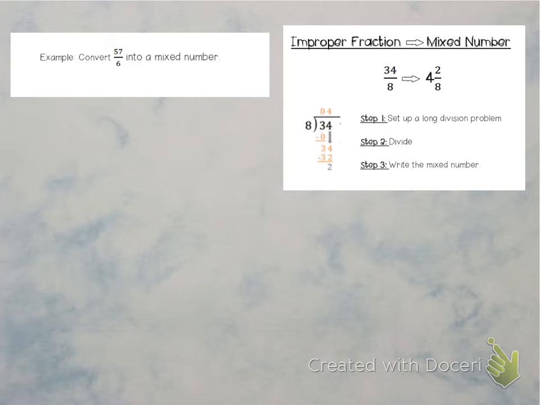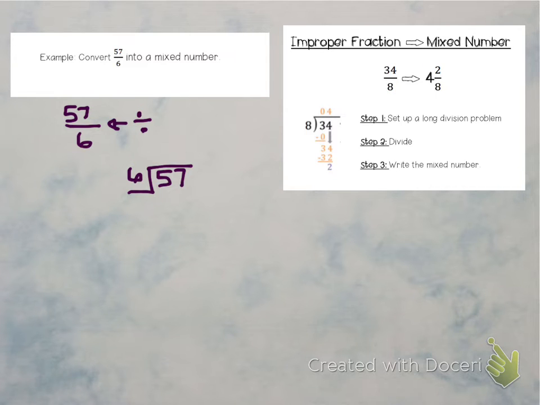Okay, so example, convert 57 over 6. Instead of saying 57 over 6, we're going to say 57 divided by 6. So 57 comes first, so let's write 57 first. Then we're going to build a house over it, and then place the 6 right there.